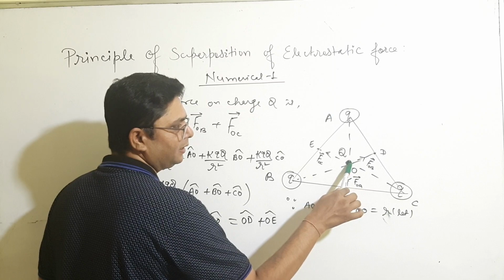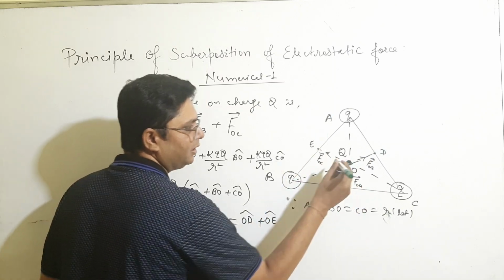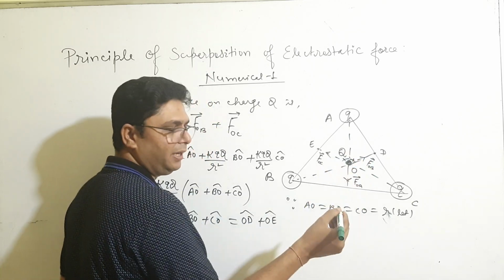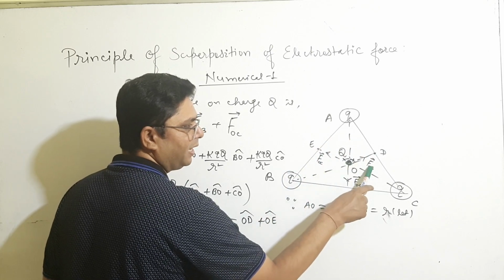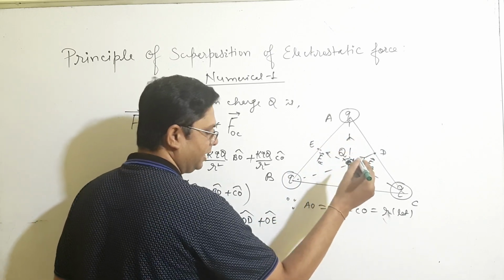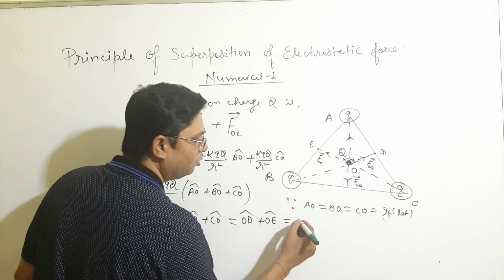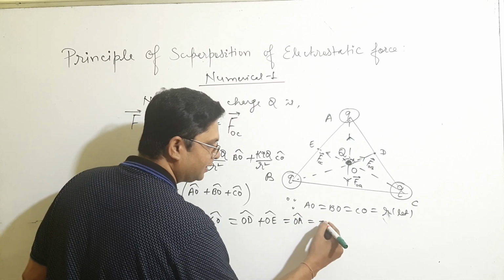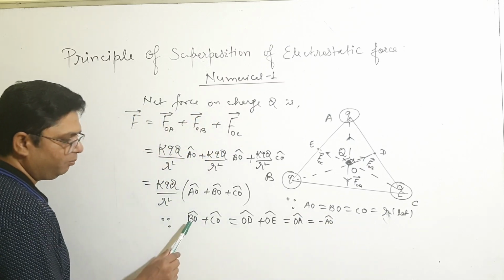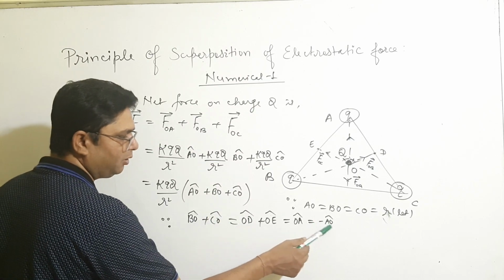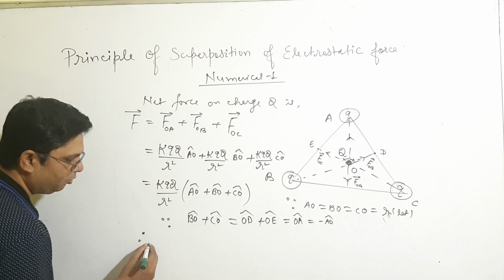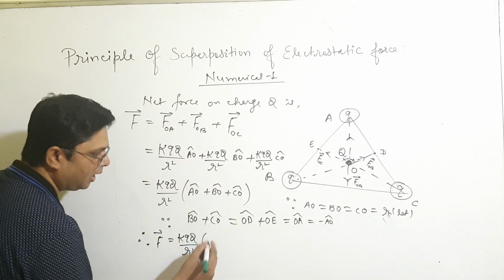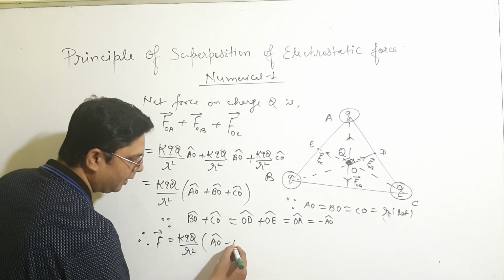Now this angle is 60 degrees and this angle is 60 degrees, so the whole angle is 120 degrees. When you draw the parallelogram, you find the direction of these two forces is along OA cap. OA cap can be written as minus AO cap. So BO cap plus CO cap is equal to minus AO cap. Put it here. Therefore, the force F is equal to K small q capital Q over R square, under the bracket AO cap minus AO cap.